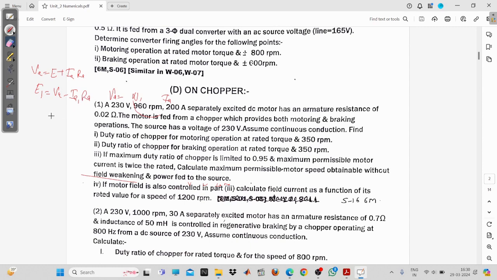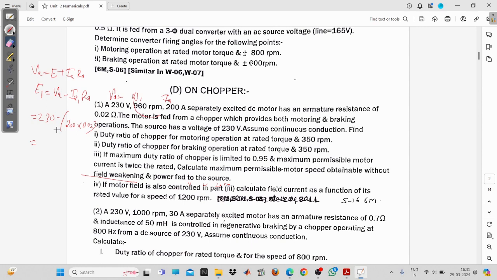So this is 230 volt minus IA1, which is 200, into RA. RA is 0.02. So if you calculate the things, what is the value? Let me check my answer.